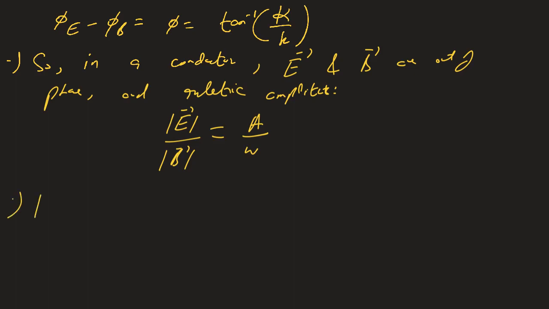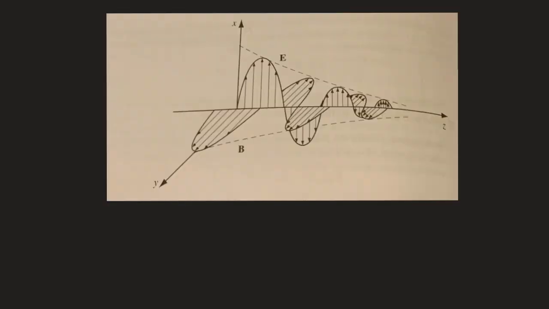Pictorially then, let's look at a figure. I'll just load a figure from your textbook. Over here we have an illustration of an electromagnetic wave in a conductor. Let's say this is the electric field. The electric field is polarized along the x-axis, just like the example I just did.